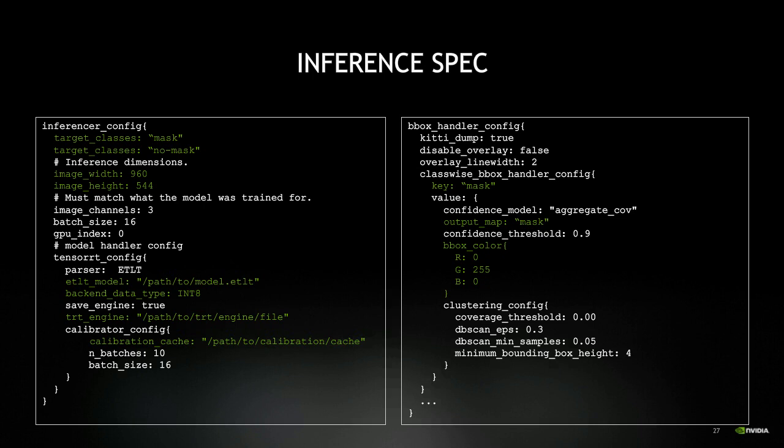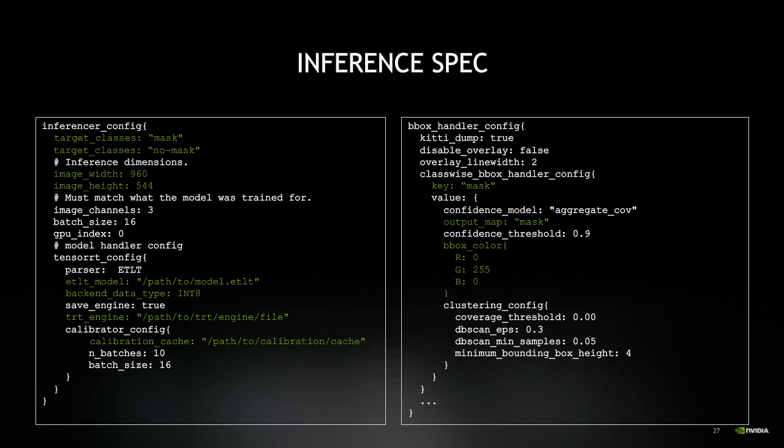You can also provide the INT8 calibration cache for running inference using INT8. To generate and overlay bounding boxes over the object, use the bbox handler config to configure post-processing clustering after inference. You can use this to configure the confidence threshold and the color of the overlay box.